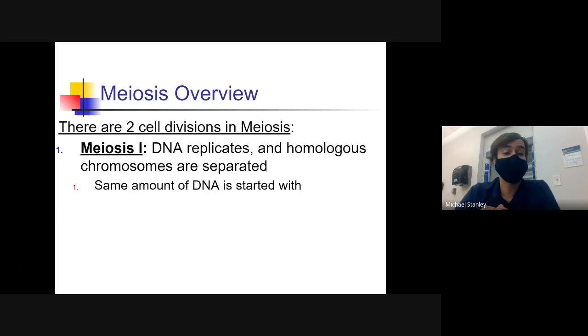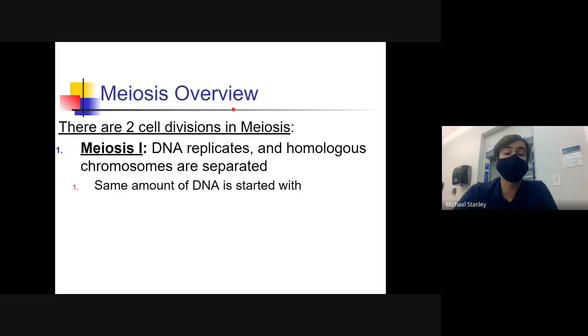So after the first round of meiosis, you have a very similar situation to mitosis, where you have 2 new cells that had their chromosomes, their duplicated DNA separated, and now you have 1 set of DNA in each new cell.